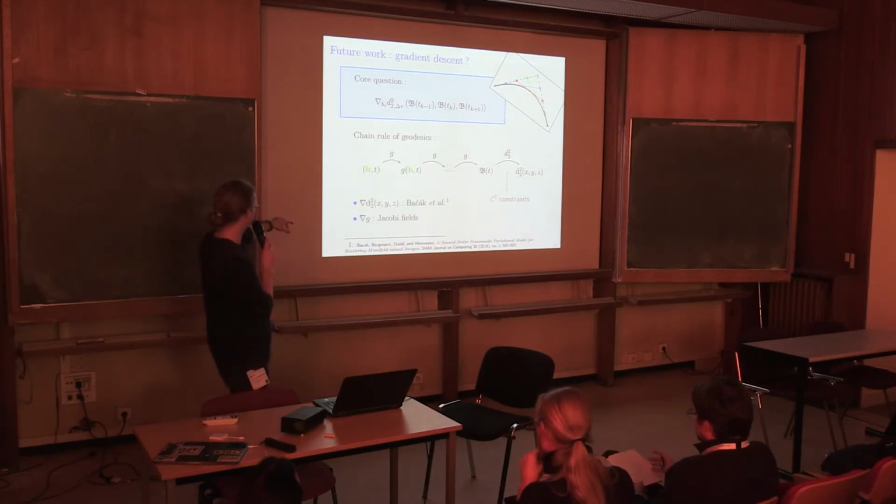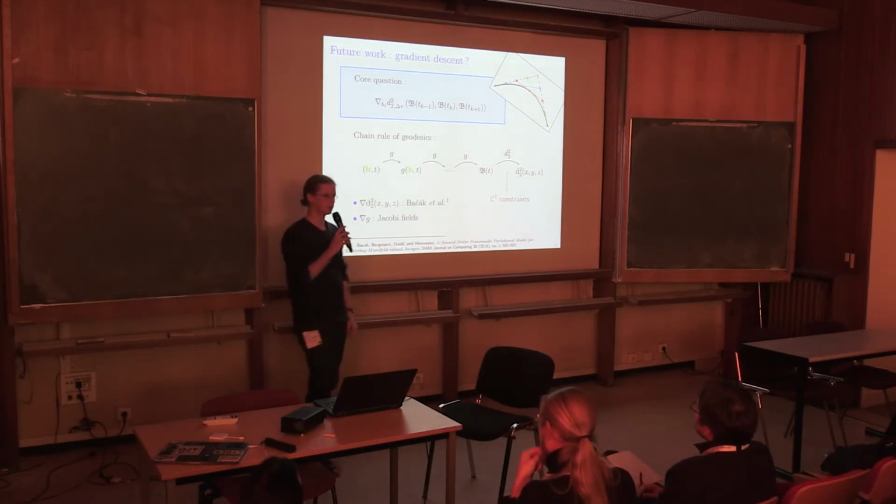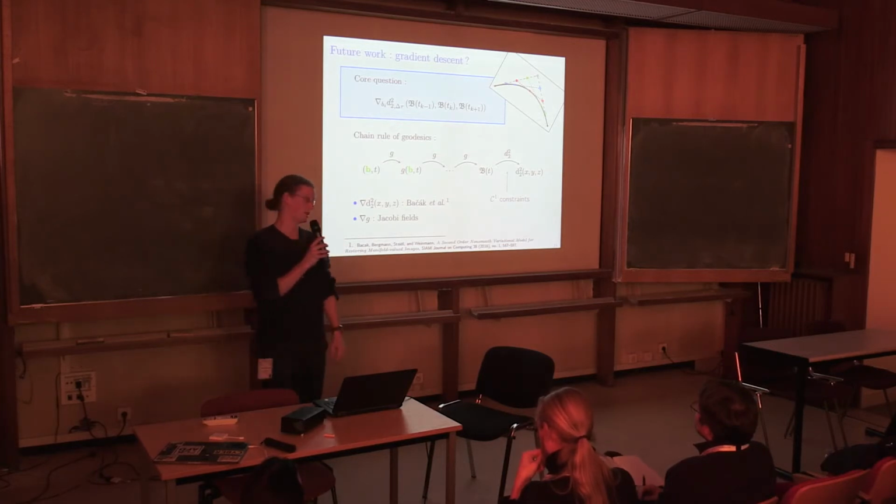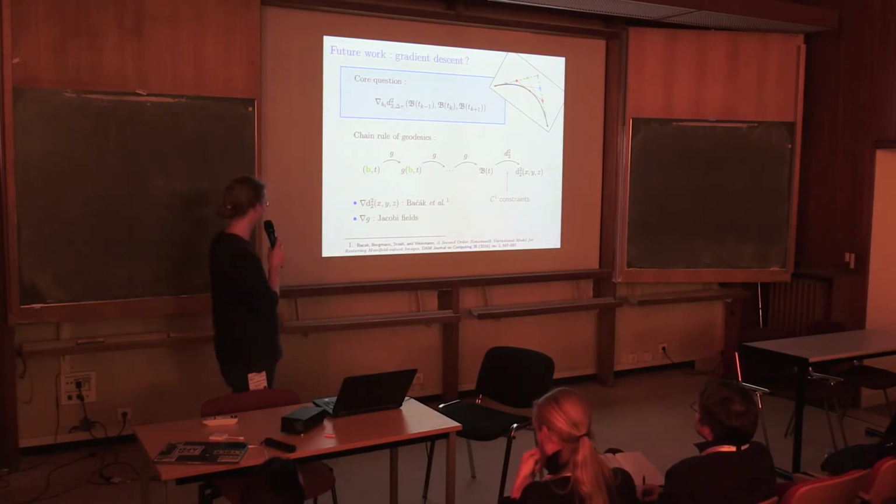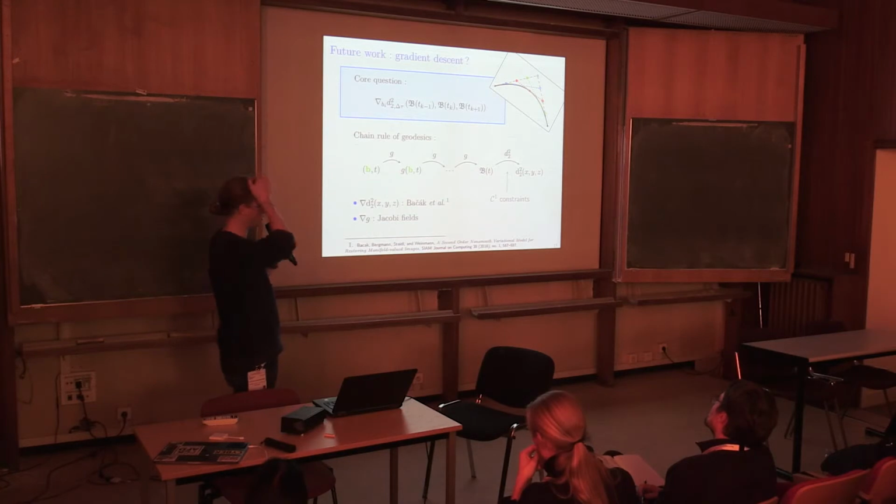So here, finding the gradient of a second order derivative already exists, and we think that using Jacobi fields can bring us a good approximation of the derivative of the gradient of the geodesic.